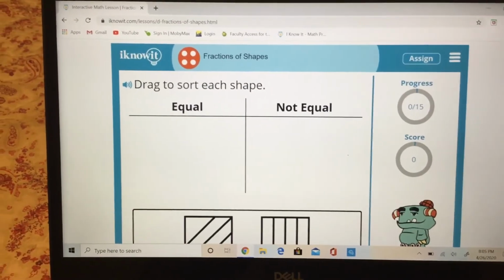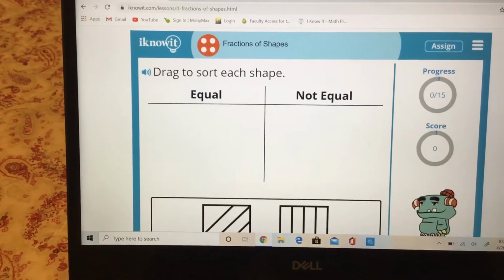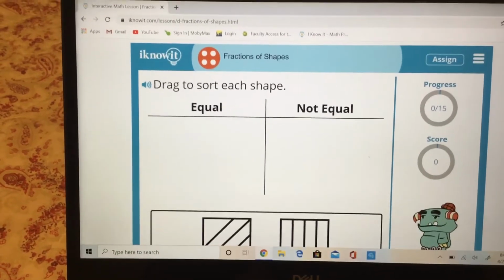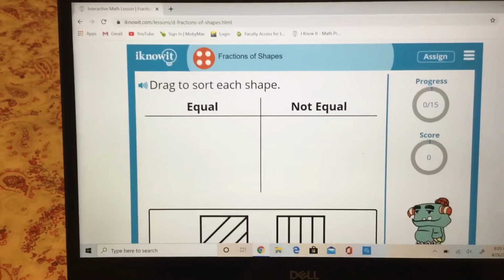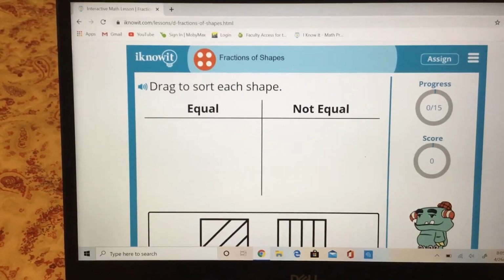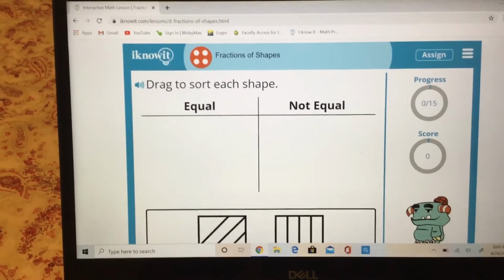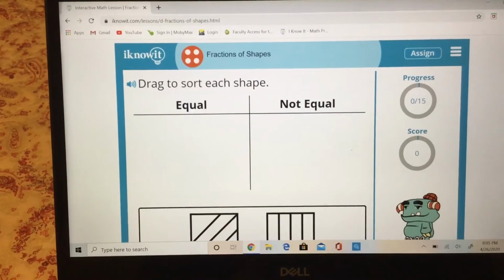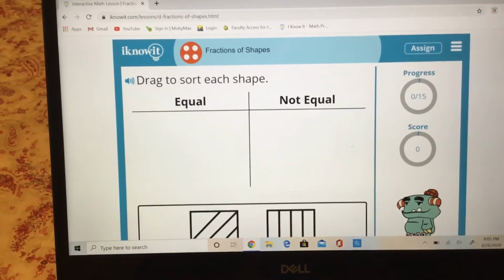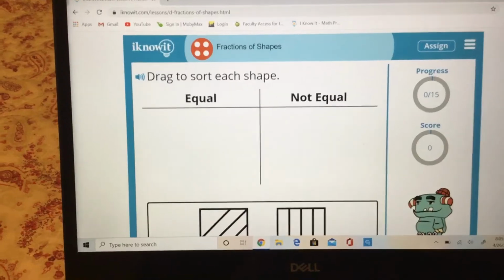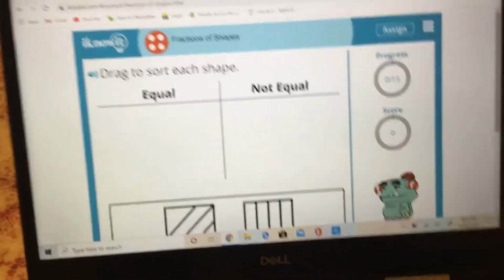These are not lessons that you need a lot of practice on, but you need a little practice, maybe just so it keeps an idea of what we've already done in our mind. So as we go on to 5th grade next year, we're like, oh yes, I remember how to do that.